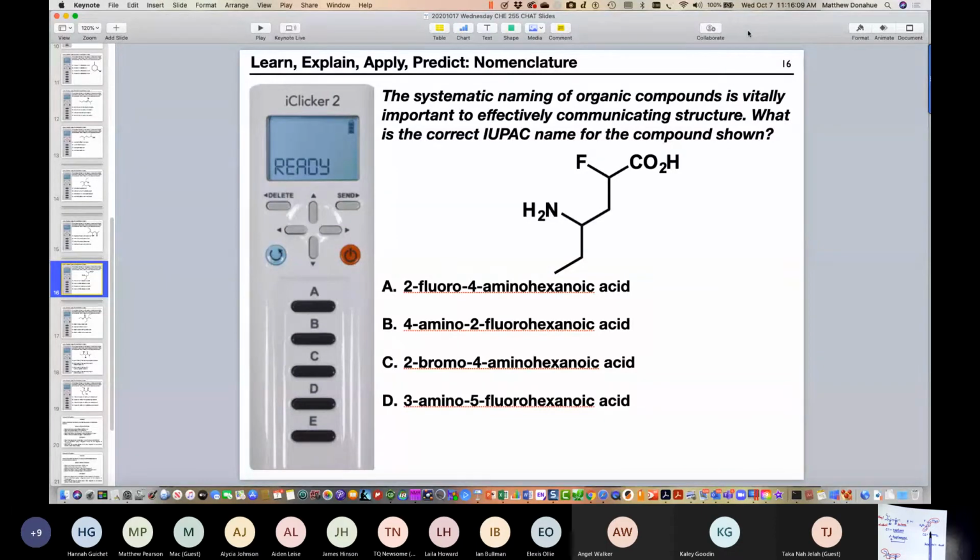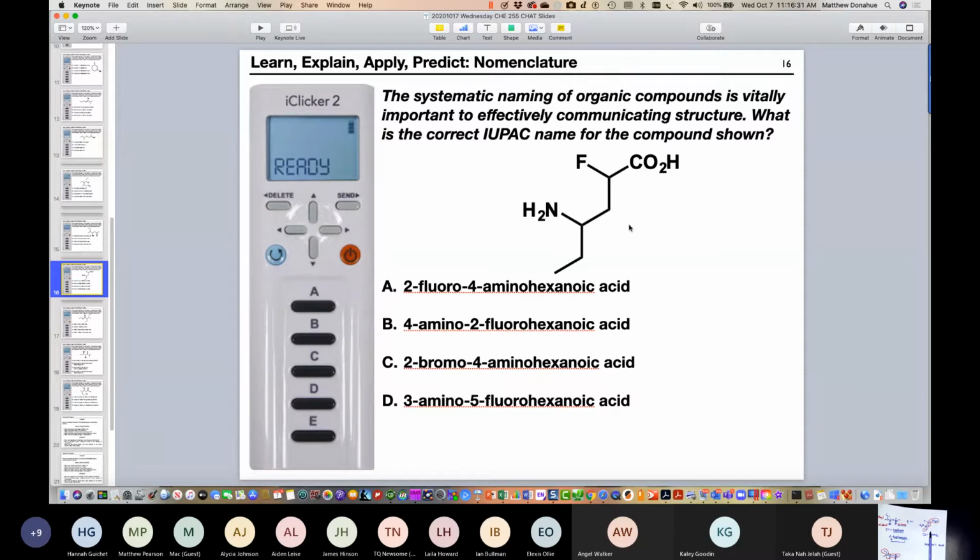So I see B as in boy is the most common response, so that is correct. The NH2 is an amino group. The F is fluoro. So we have 1, 2, 3, 4 amino, 2 fluorohexanoic acid.